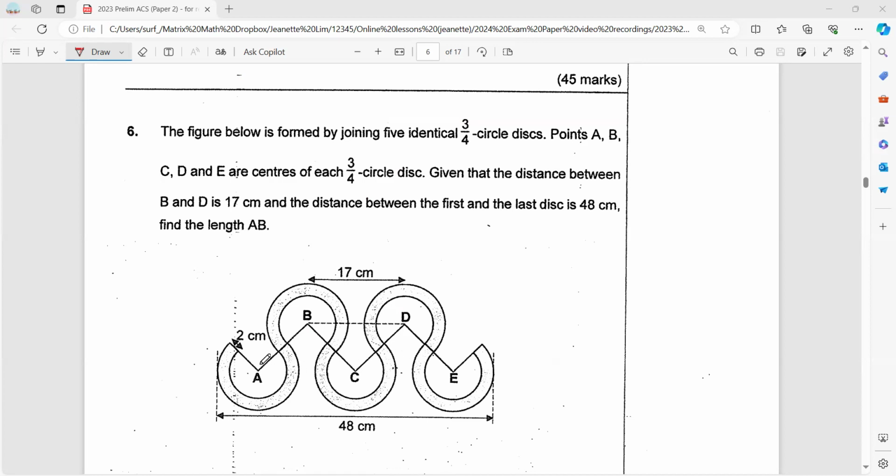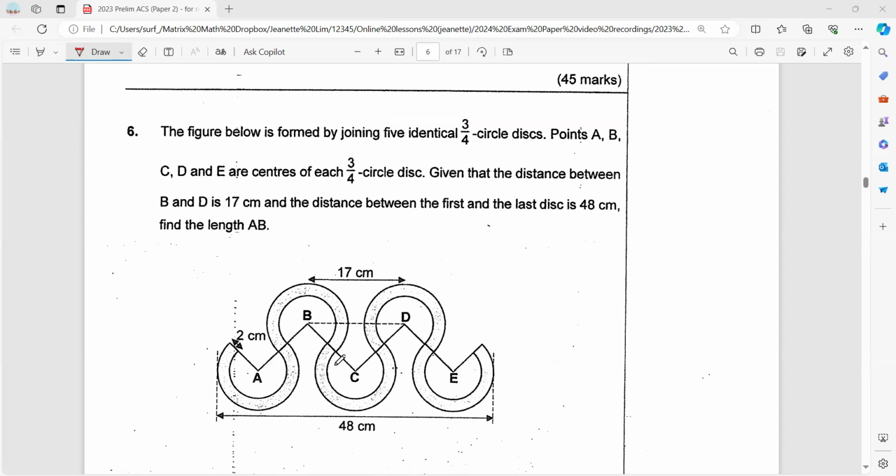So the reason why I want to find that is when I take 48 minus A to E, I'm left with the radiuses of this part here and this part here. So basically the diameter of one circle. Okay, so A to C is the same as C to E, and it is also the same as B to D. Okay, so the distance between B and D is the same as A and C.